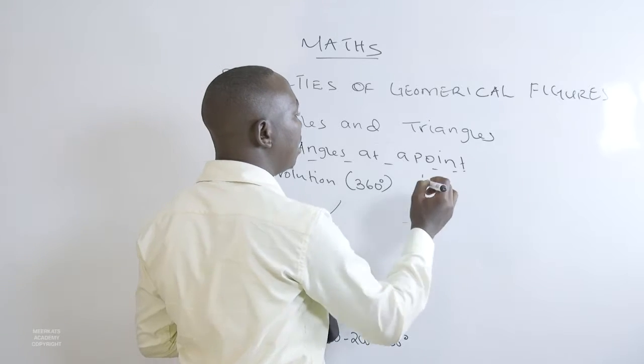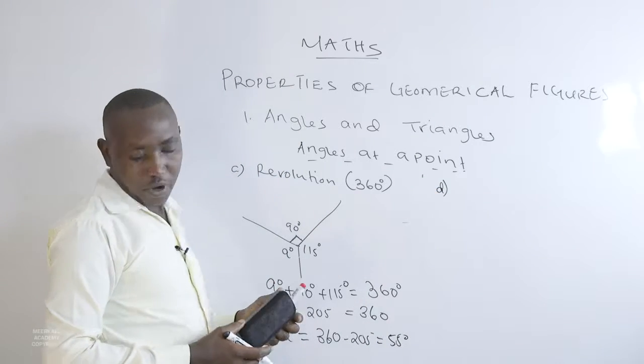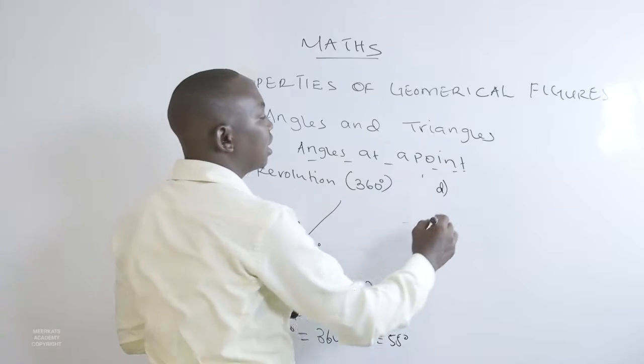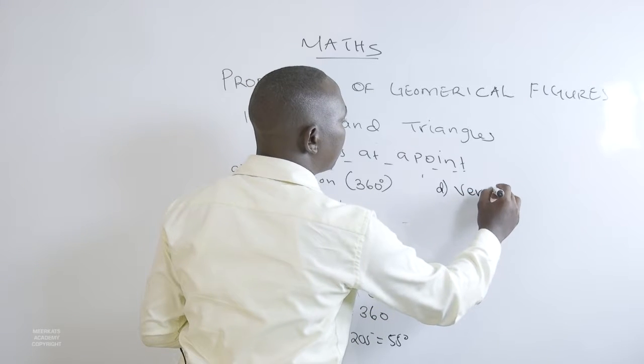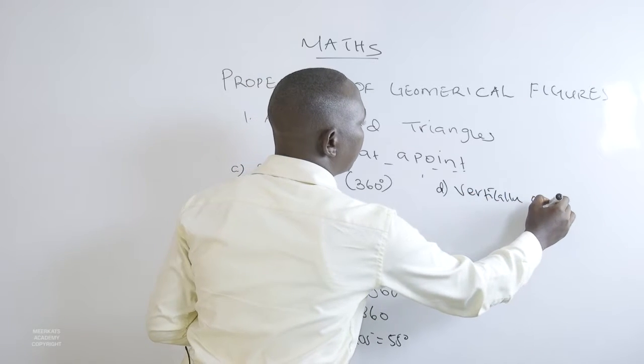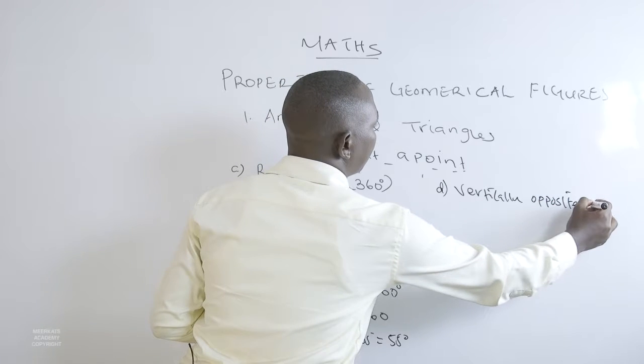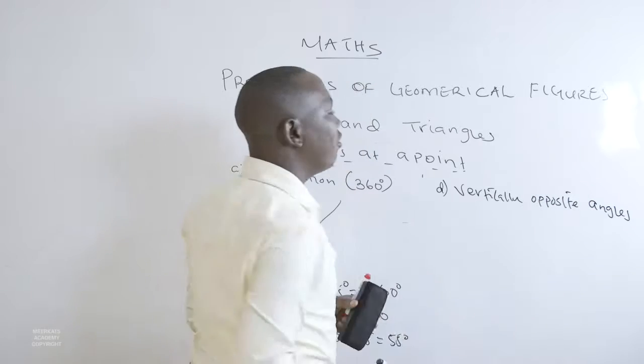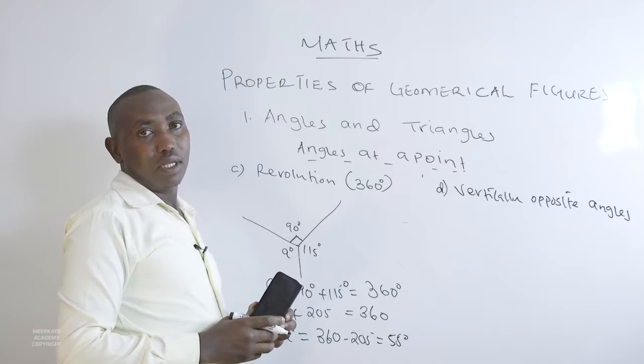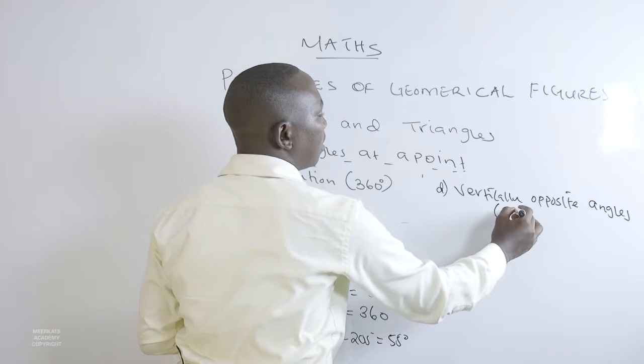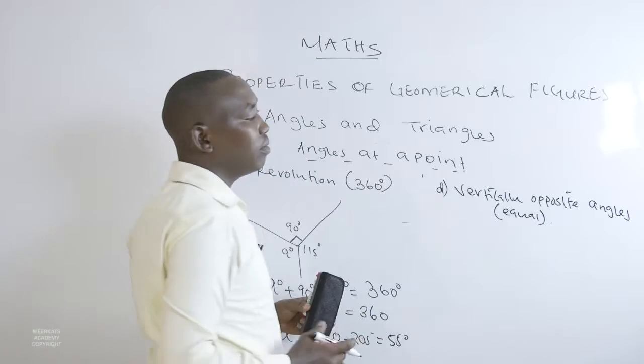Lastly, part D of the angles at a point are vertically opposite angles. For vertically opposite angles, these angles are usually equal.